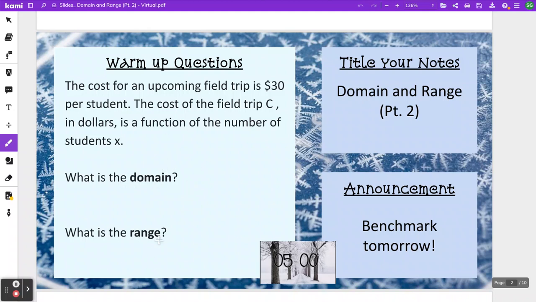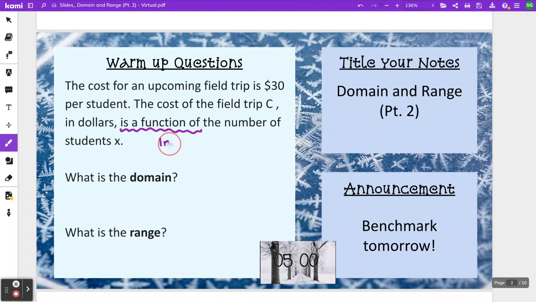The question is asking us for domain and range. I do think I've said it in just about every single lesson here. As you're reading through these stories, a good starting point for every single one of these problems is to identify your input and your output. We are given that key phrase "is a function of," and so we know when we see that phrase, what comes before it is always your output, and what comes after that phrase is your input.